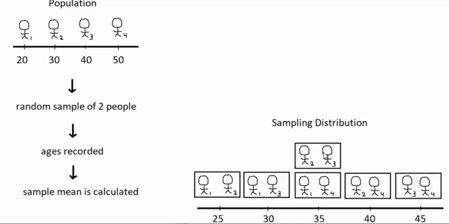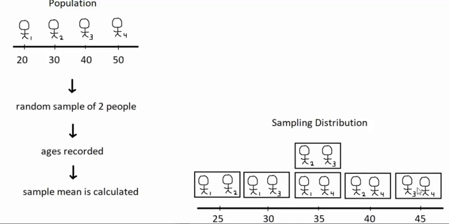If these two people are chosen, the mean is 35. So 2 out of 6 possible samples have a mean of 35, right? There is a 1/6 probability that the sample mean will come out to 40, because these two people have to be chosen for the mean to be 40. There's also a 1/6 probability that the mean will be 45, right? Because it's one box with a mean of 45 out of 6 boxes, right?